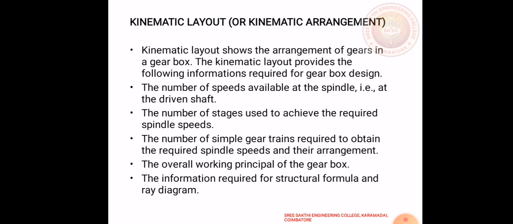It provides the number of speeds available at the spindle, the number of stages used to achieve the required spindle speeds, the number of simple gear trains required to obtain the required spindle speeds, that is, the number of gear wheels required, and their arrangements. The overall working principle of the gearbox. Then the information required for the structural formula and ray diagram. So this is the information obtained from the kinematic layout.